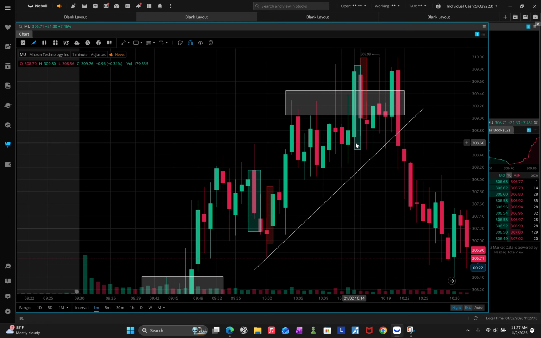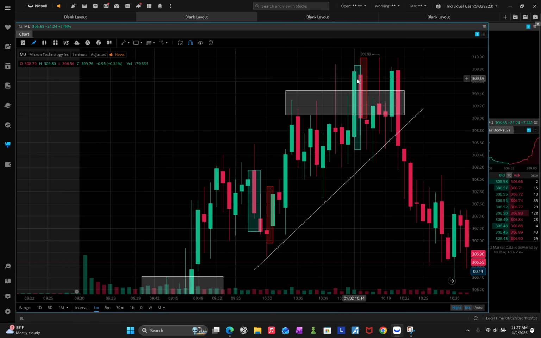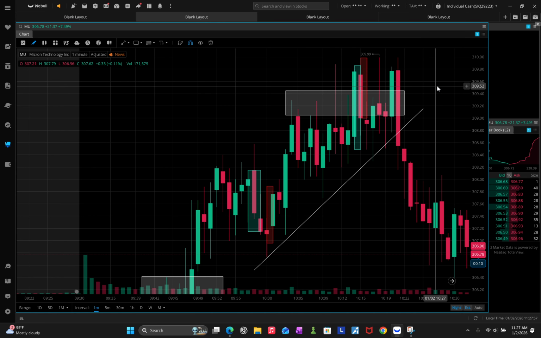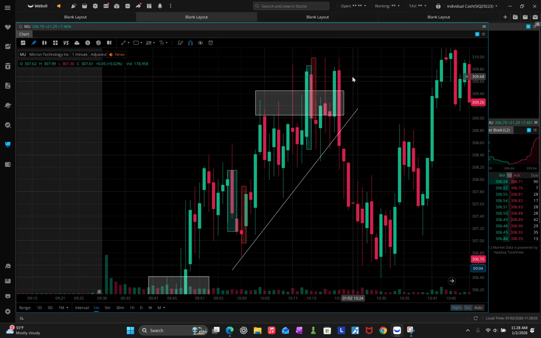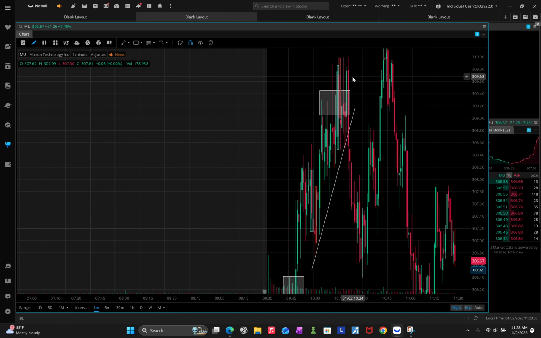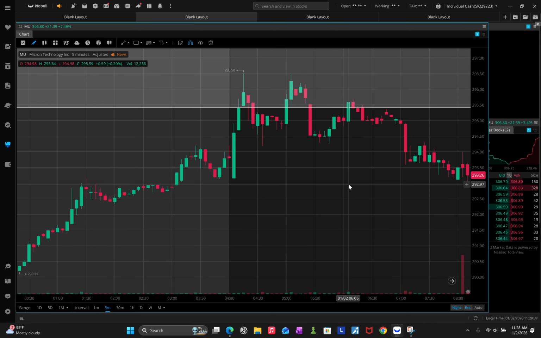I had probably got it down here, and I ended up covering my position once it broke this level and it closed above this level. So I was like, okay, this is kind of showing strength, and then it did it once again, and it did it once again, and then it ended up retracing in the way that I was anticipating it.